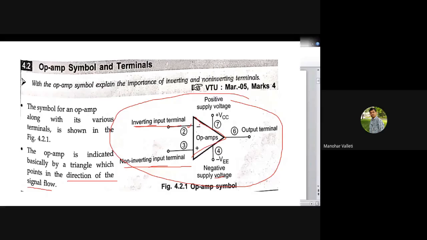Mentioning the signs when you are drawing an op amp circuit is very important. These signs, minus and plus. So make a habit of always writing the minus sign, that is inverting input above, and non-inverting input below. I'm repeating once again, mentioning these signs in op amp circuits is very important.